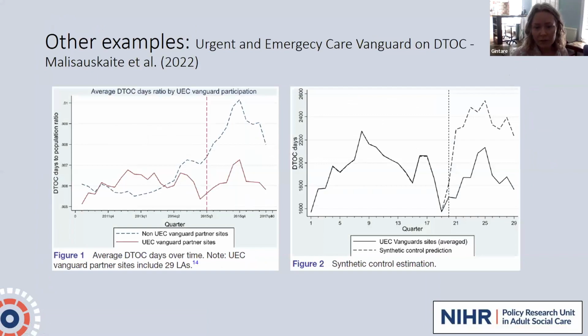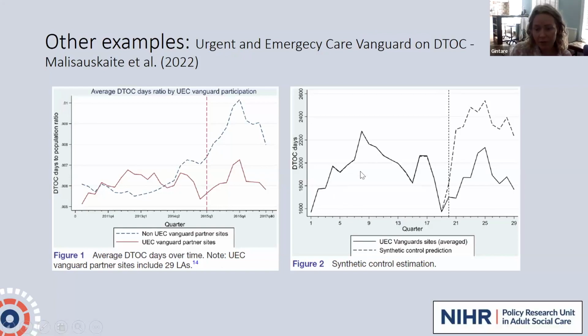This is an article that we had the pleasure of publishing, looking into how the urgent and emergency care vanguard affected delayed transfers of care. It's a quite nice example because, as you can see, the urgent and emergency care vanguard partner sites, so 29 local authorities, are fairly different from the rest of the England local authorities.